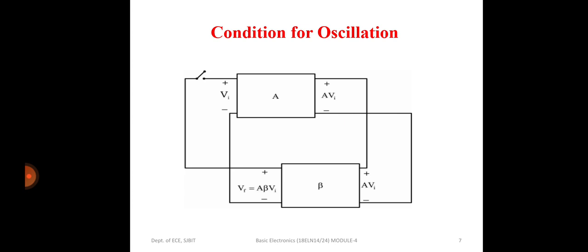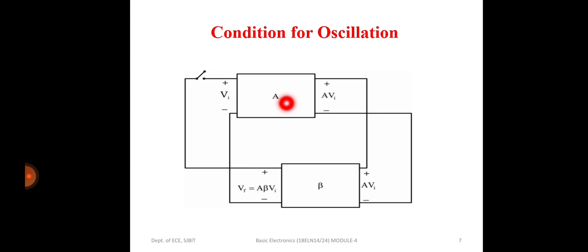One technique for producing sinusoidal oscillation is to use positive feedback. Whenever we want to produce a sinusoidal oscillation, we are going to use positive feedback. We have already discussed feedback in the previous videos, but even then, positive feedback is a technique wherein a portion of the output of an amplifier is fed back to the input in phase.